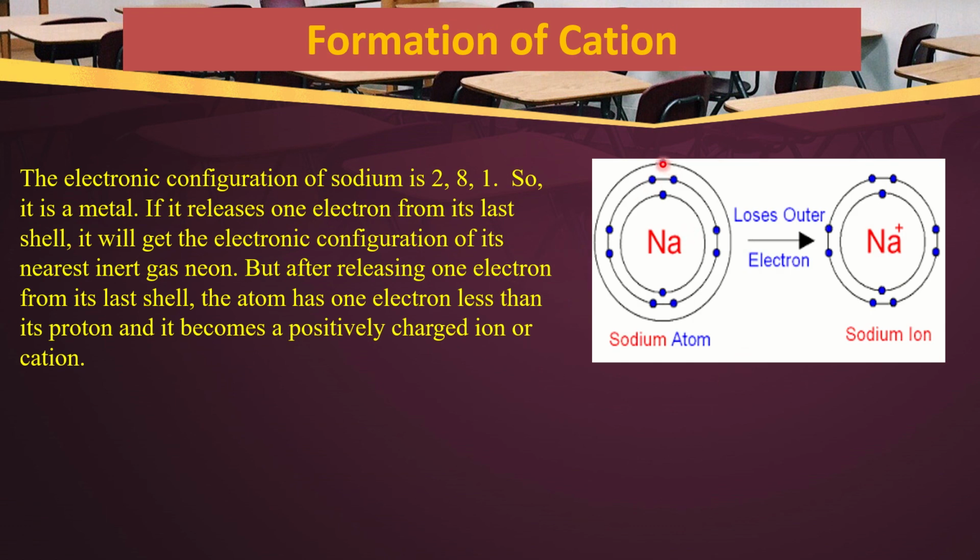When it releases its last shell electron, it gains stability, but now it becomes a positively charged ion, or sodium ion, or cation. That means sodium releases 1 electron, and after releasing 1 electron, it becomes a mono-positively charged ion, sodium ion or cation.